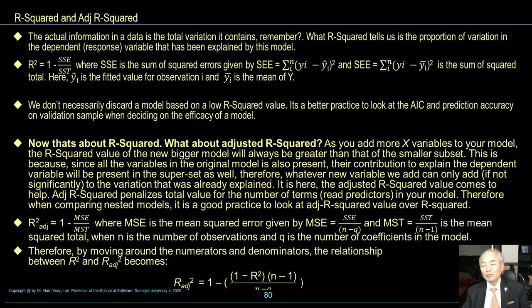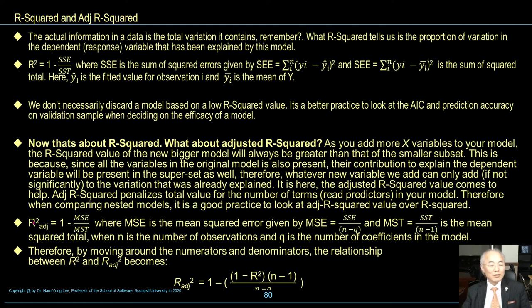Therefore, whatever new variable we add can only add, if not significantly, to the variation that was already explained. It's here that the adjusted R square value comes to help. Adjusted R square penalizes the total value for the number of terms in your model. Therefore, when comparing nested models, it's good practice to look at the adjusted R square value over R squared.